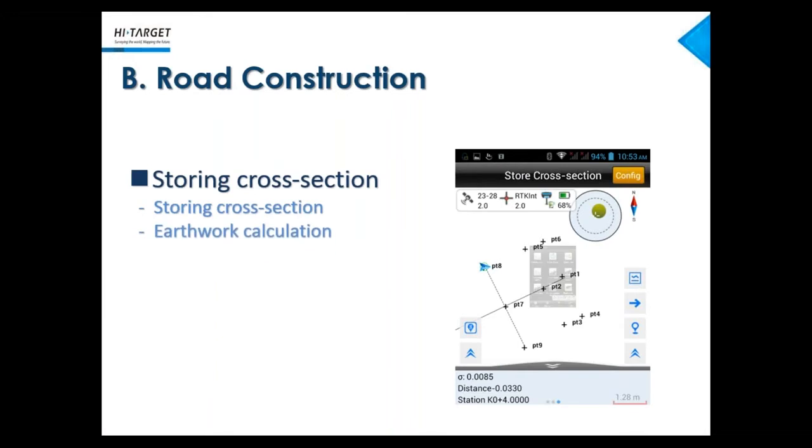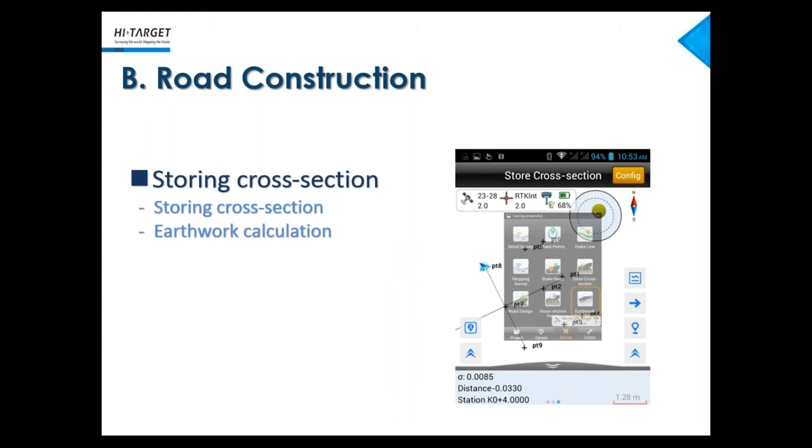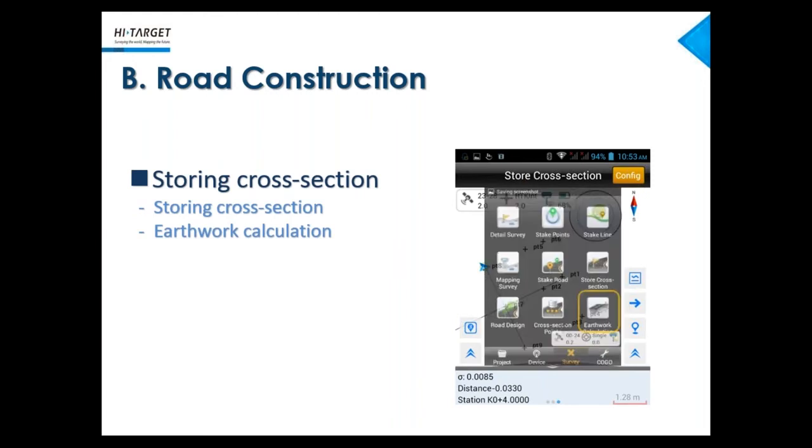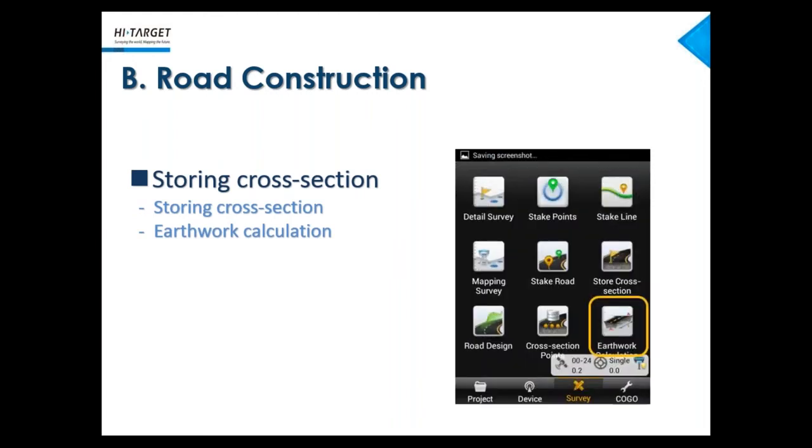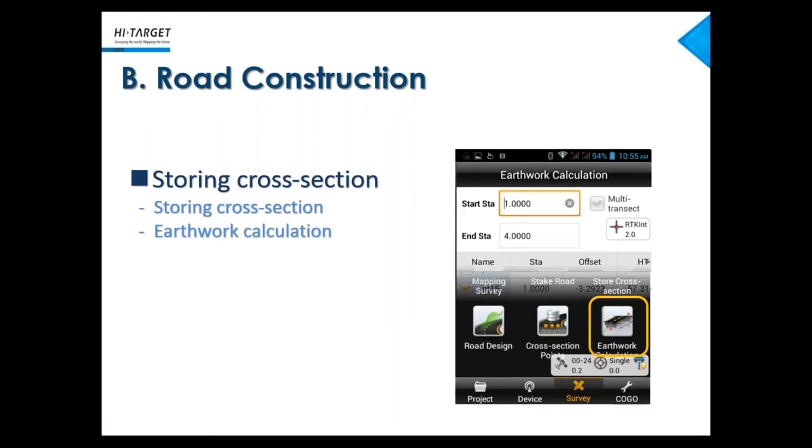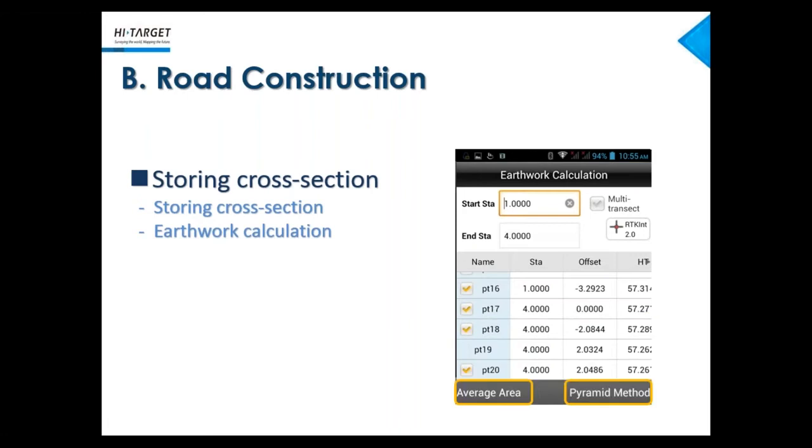And then we can do the earthwork calculation to check how much I need to fill or how much I need to cut. In this function, I give a start station and end station. So it will calculate the earthwork from the start station to the end station.